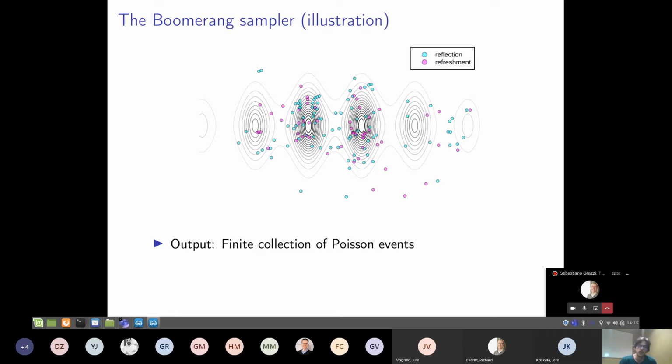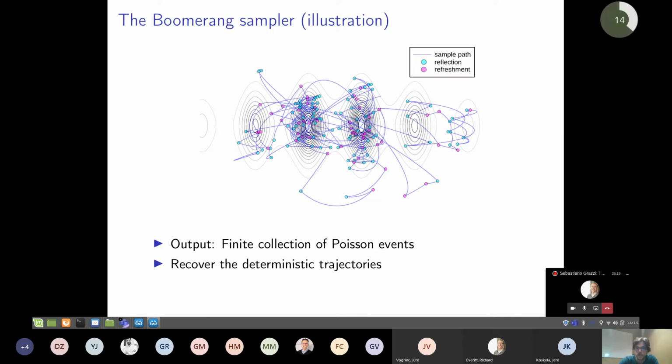Again, an illustration to see what's happening from an implementation level. After running the algorithm, we have a collection of Poisson event times. Here we distinguish again between reflection and refreshment. From these Poisson event times, we can reconstruct the trajectories because they are deterministic.